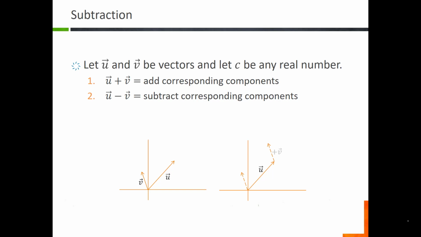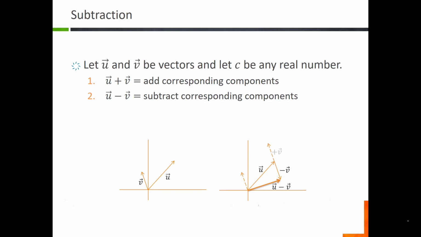Then, remember, we're doing subtraction, so instead of plus v, we want minus v, and the minus flips it in the opposite direction. Then we draw our resulting vector, from the origin to the end of v, and we get the new vector u minus v. This time it pushes the original u vector more to the right, rotating it clockwise. All right, so that's what subtraction looks like.